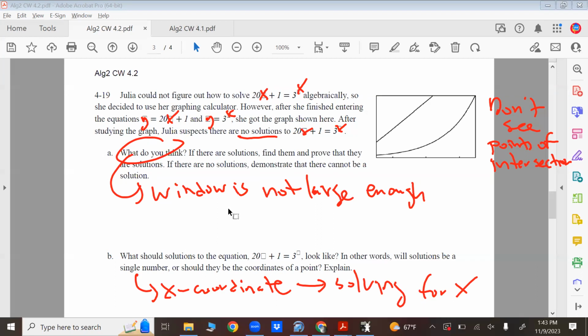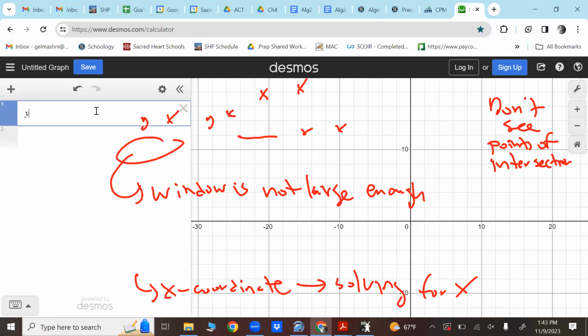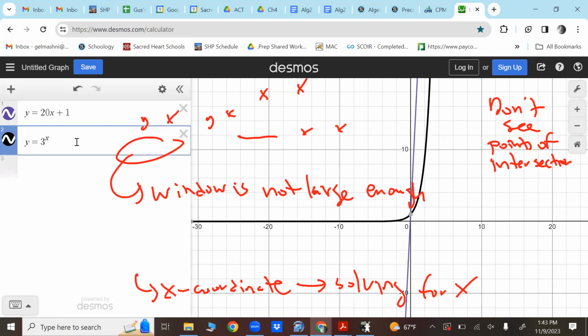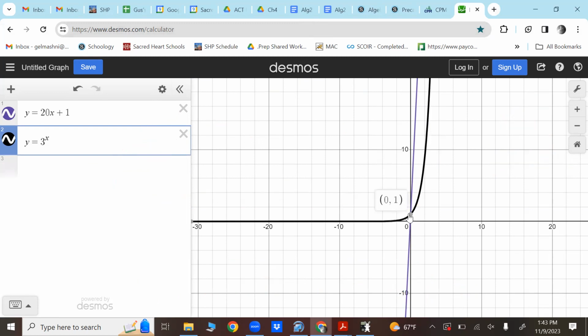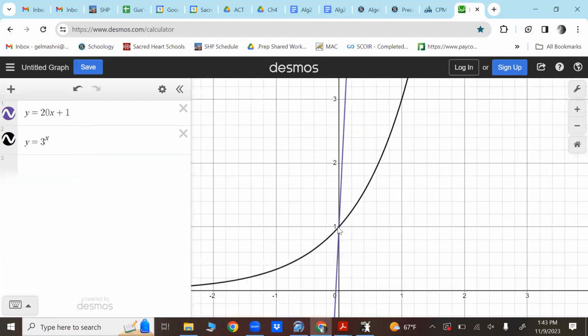But let's actually do this in Desmos right now. Okay. So let me go to Desmos. Let's see here. 20x plus 1, and y equals 3 to the x power. Okay, let me clear my screen. They clearly touch. There you go. I'm zooming in, but it looks like that's probably the only place they touch.